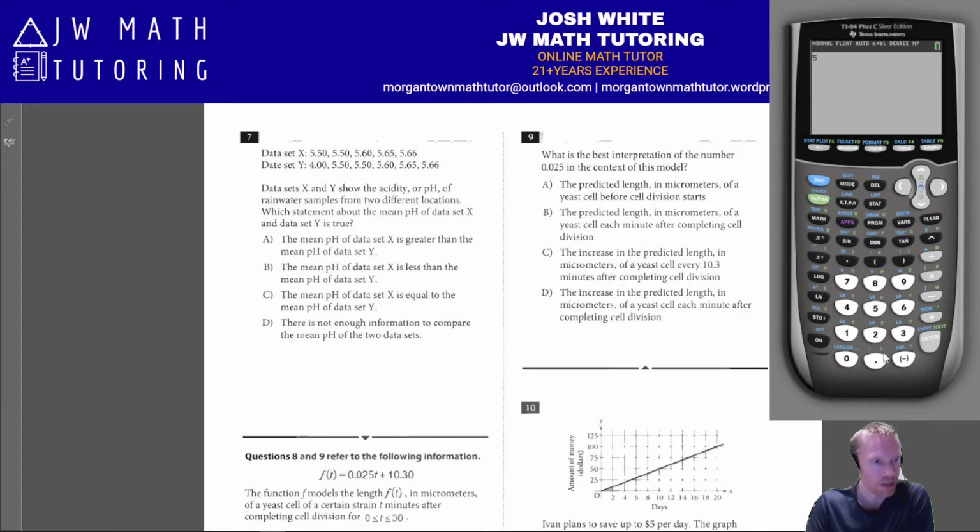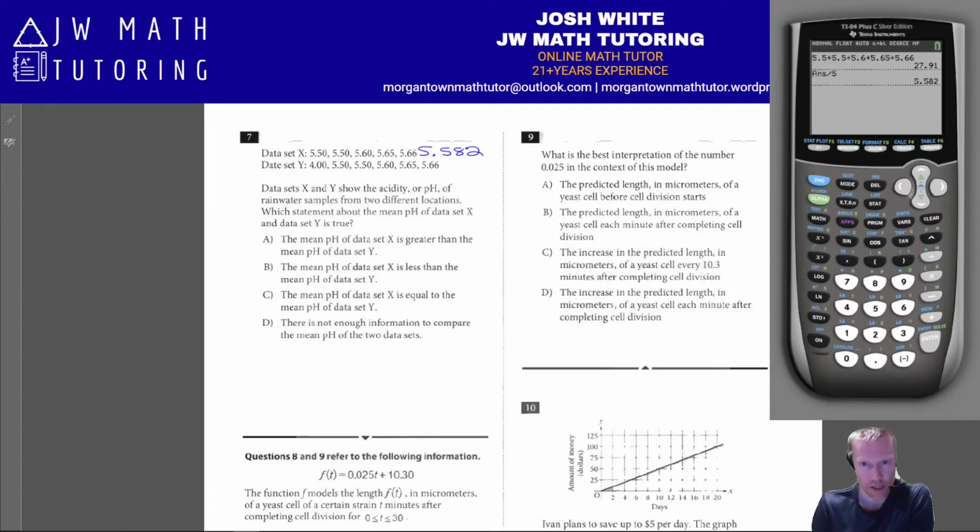The most common way is to add up all the numbers. So we have 5.5 plus 5.5 plus 5.6 plus 5.65 plus 5.66. All right, and then we just divide that by 5. The mean is 5.582. So for the top one, the mean is 5.582.